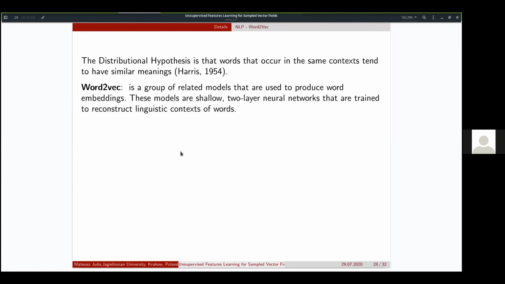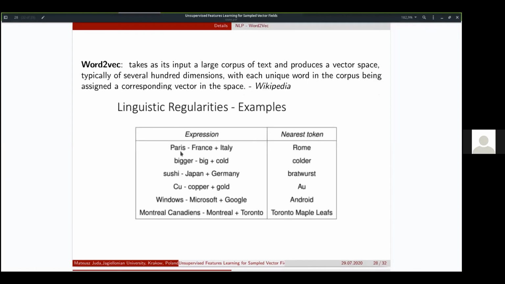There is a group of related models that are used to produce word embeddings. The methods are based on shallow two-layer neural networks, and the networks are trained to reconstruct the linguistic context of words. The methods are very successful for natural languages. However, in our context, we will use the same methods for our artificial language.